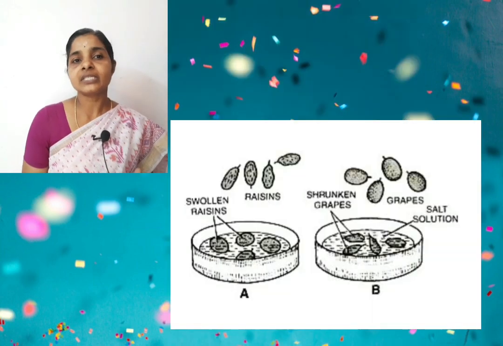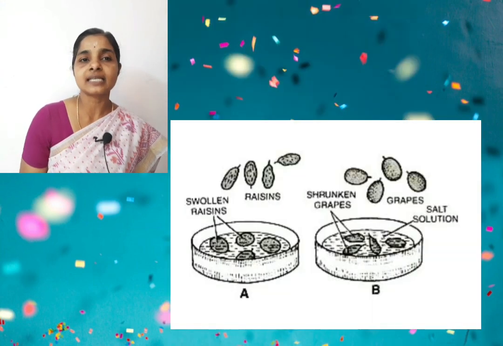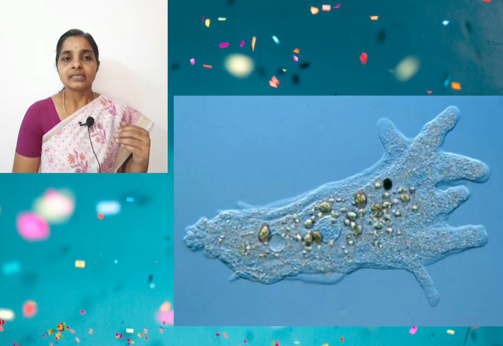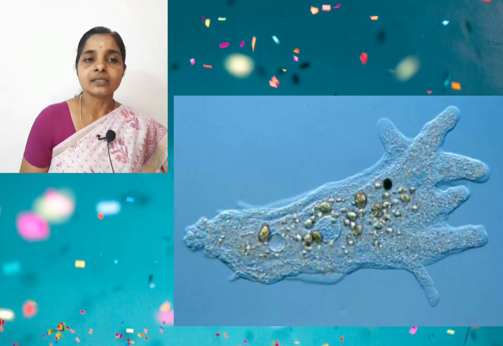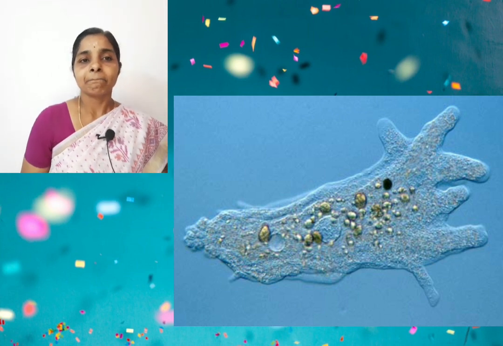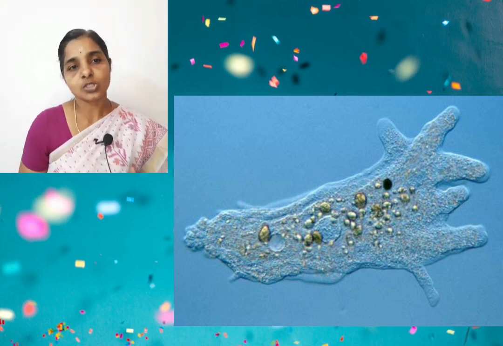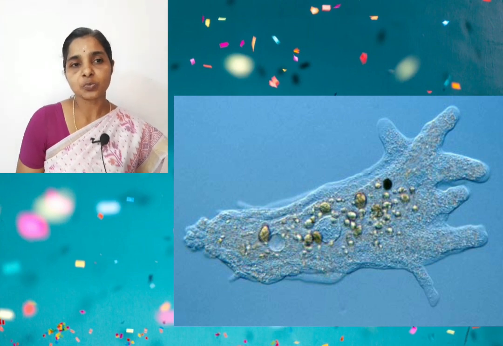The same activity we can do with dry raisins and apricot seeds. Now, what is the importance of osmosis in unicellular organisms? Unicellular organisms are made up of a single cell, for example amoeba. Unicellular freshwater organisms take in water by osmosis, especially endosmosis.